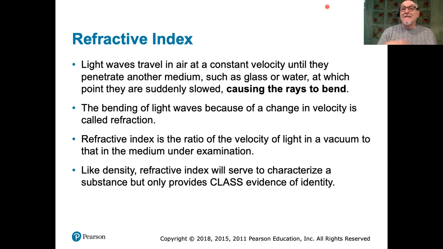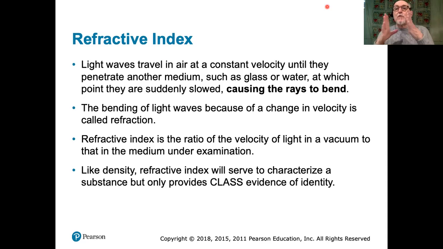And the amount that it bends the light varies from one type of glass to another. It varies from one substance to another in actual fact, but it will vary between different kinds of glass as well. So the amount that it bends light is called the refractive index. And the refractive index can serve as well to characterize a piece of glass.